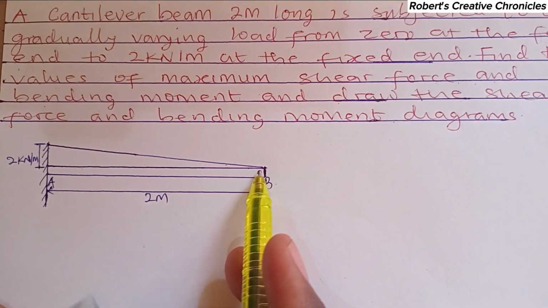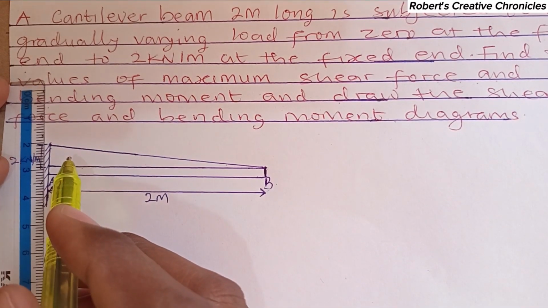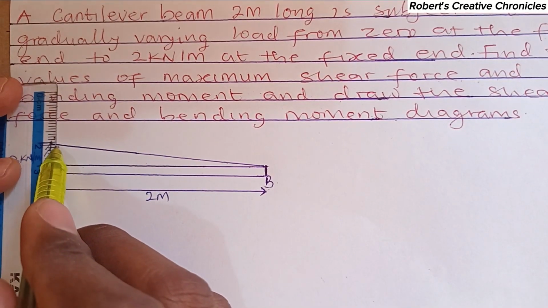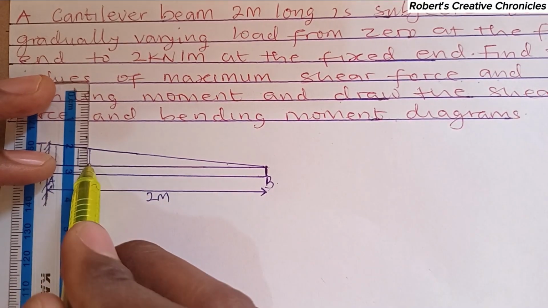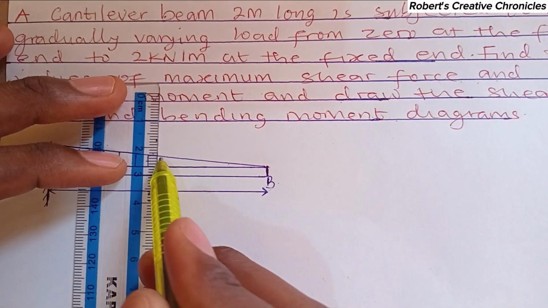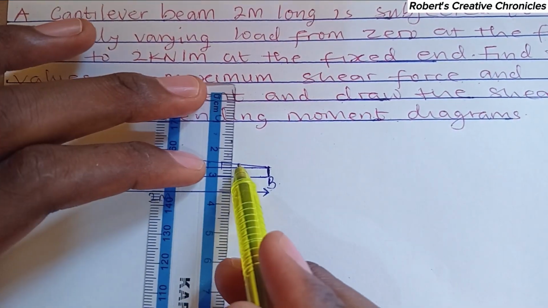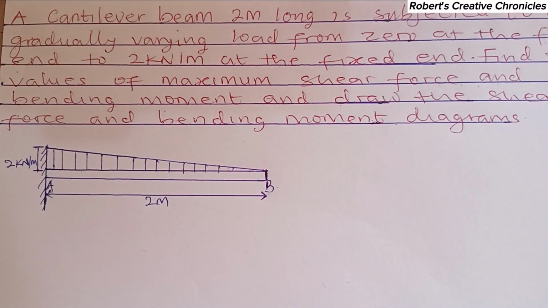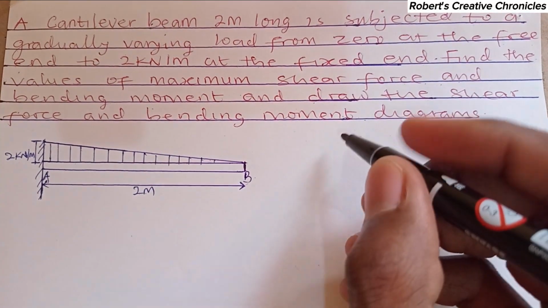And here is 0 kN per meter. So here is the beam. And now we can do the calculations.